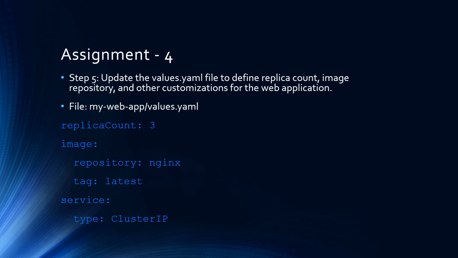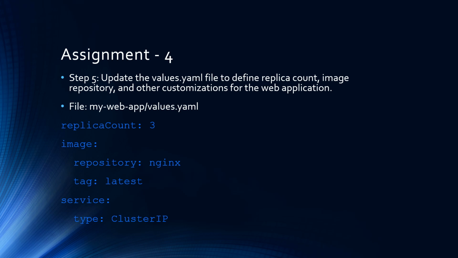The example shows basic configurations: replica count 3, image repository nginx, tag latest, service type ClusterIP. What you'll learn: how to structure your values file, best practices for configuration management, how to make your chart flexible and reusable, and the relationship between values and templates.